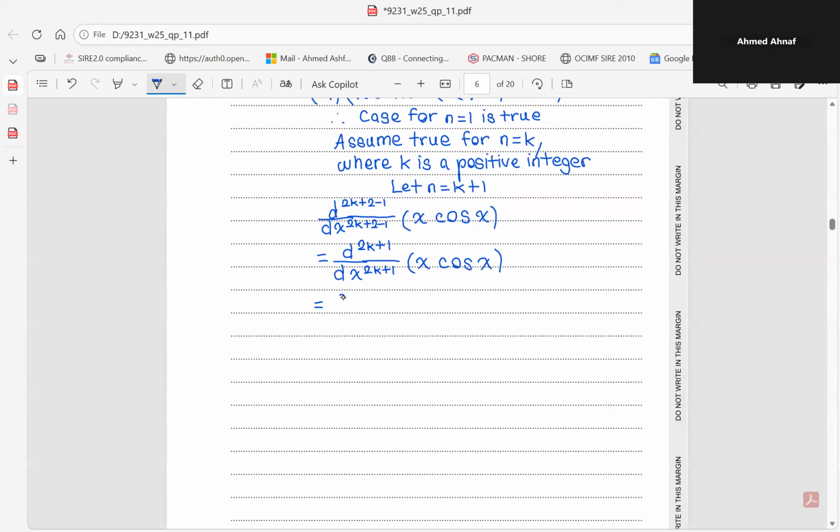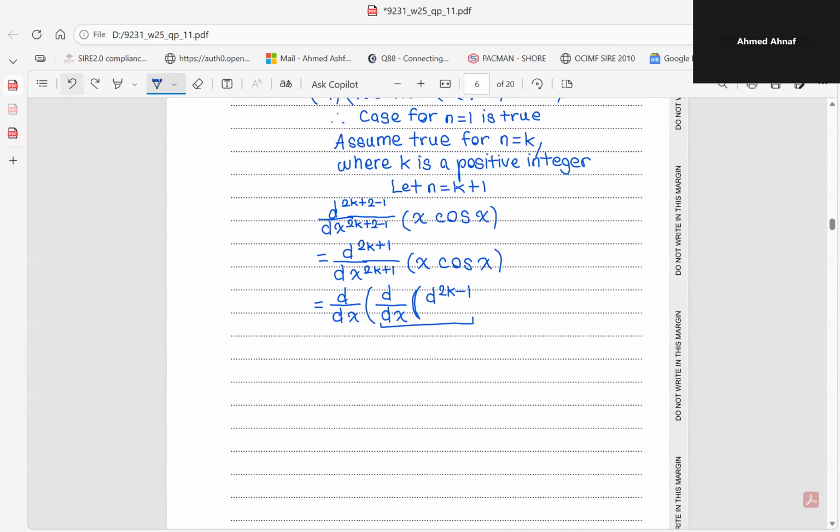So this is just d dx of d dx of d^(2k-1) over dx^(2k-1) of x cos x. So this is d^(2k) over dx^(2k), and this is d^(2k+1).